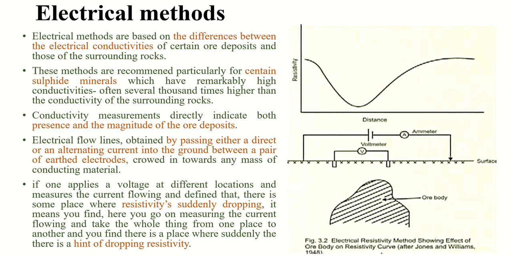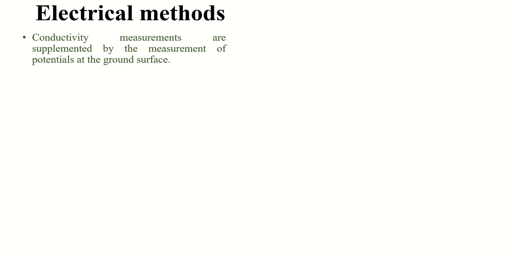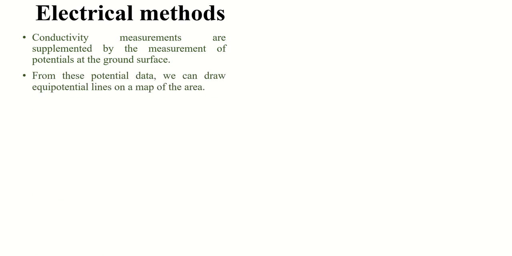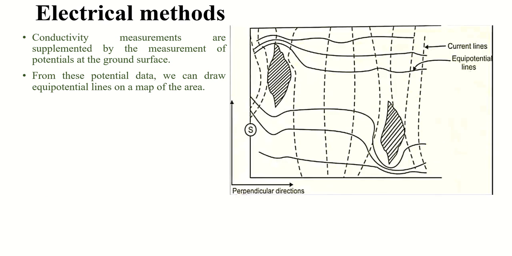In this method, the conductivity measurements are supplemented by the measurement of the potential at the ground. From these potential data we can draw some equipotential lines on the map surface.